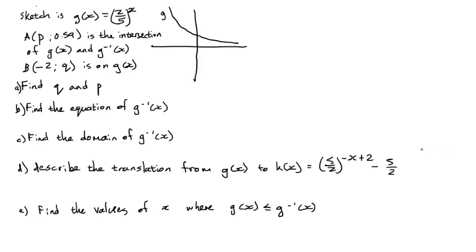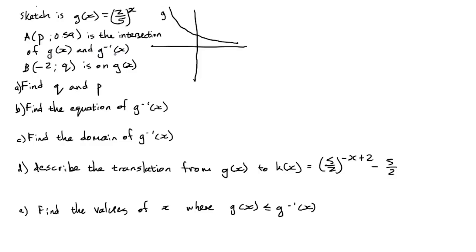This question is going to be quite a feast because there's so many interesting aspects to it. The first thing is that we've got a sketch of g(x), which is (2/5)^x. And we've got P, which is the intersection of g(x) with the inverse.